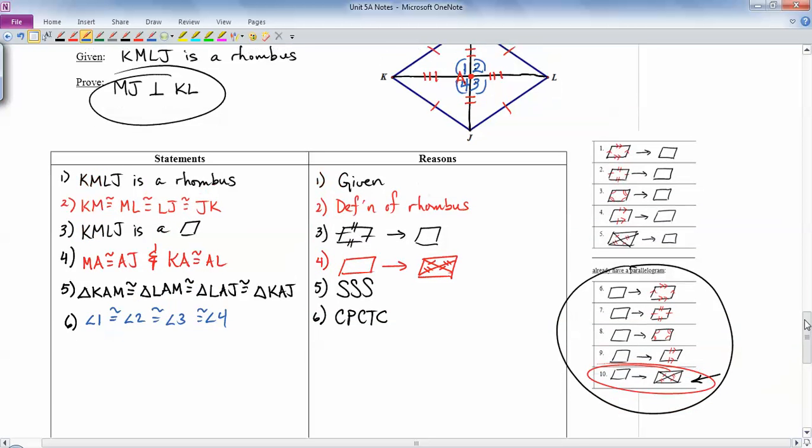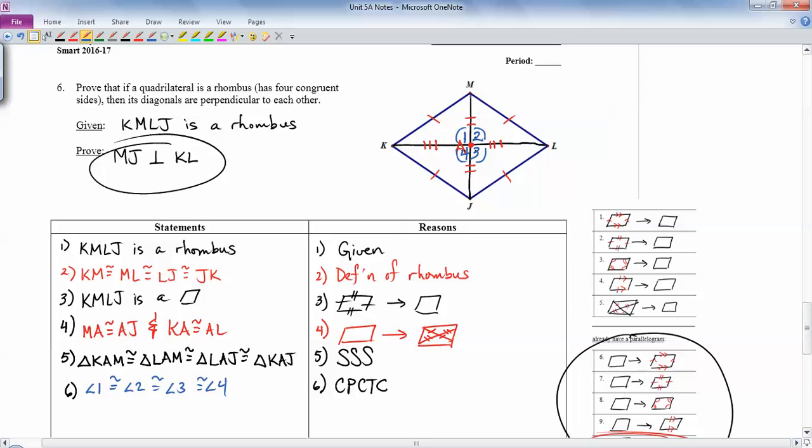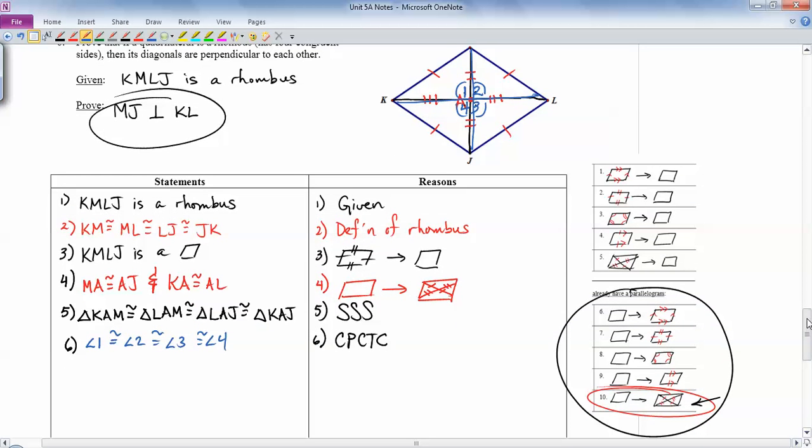Now it turns out, if you notice, these guys are all formed by 2 lines. Theoretically, you could say, well, I know it's 360 degrees all the way around. Since they're all the same, I'll divide by 4 and I get 90. But in a proof, probably the quickest way to finish is to say MJ is perpendicular to KL, and this goes back to unit 2.